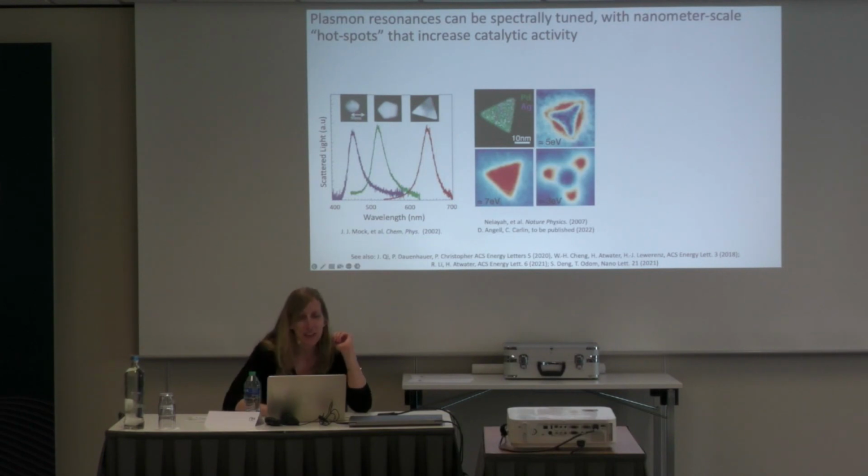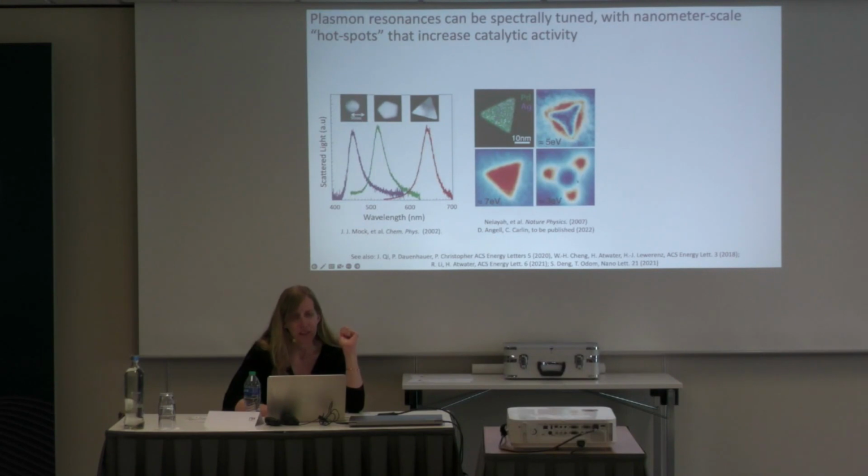And then here's an image taken from some of my students using a transmission electron microscope, where they mapped out different plasmonic modes of a flat prismatic nanoparticle. You can see that the nanoparticle can support different types of plasmon modes.